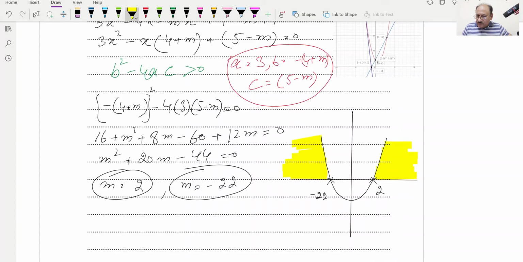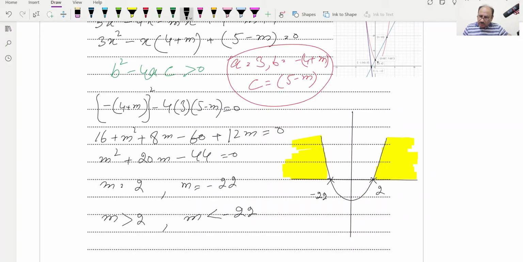So m should be greater than 2, and m should be less than −22. This will be the solution for this equation.